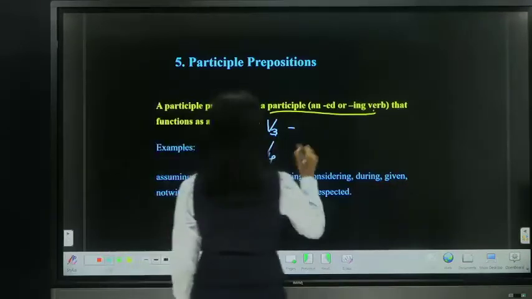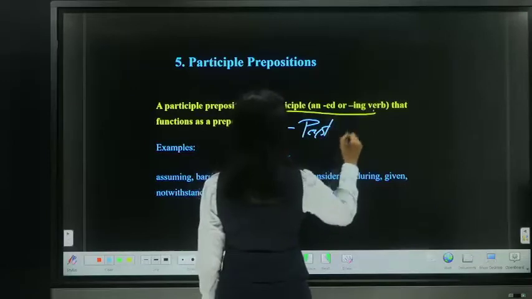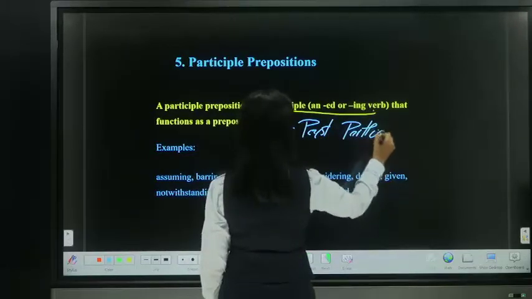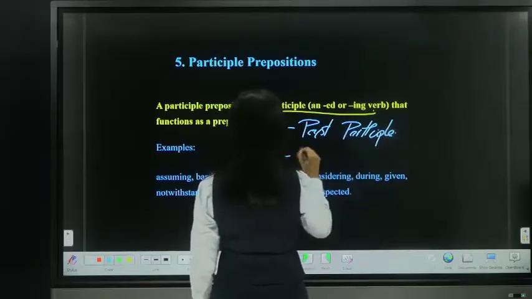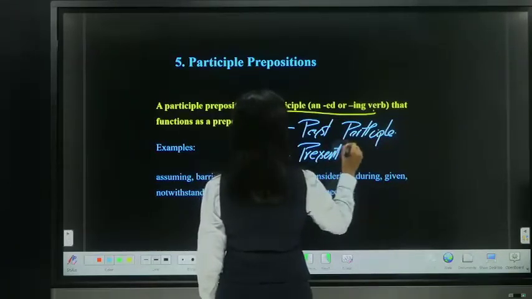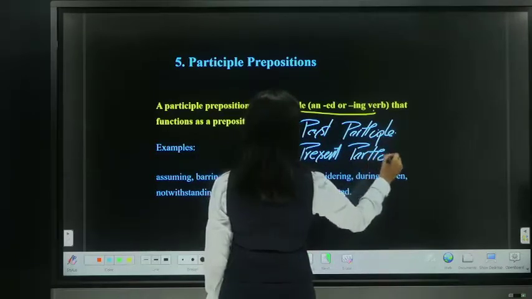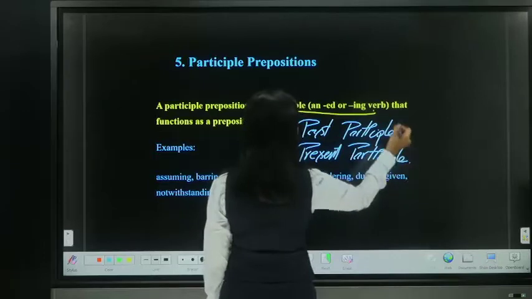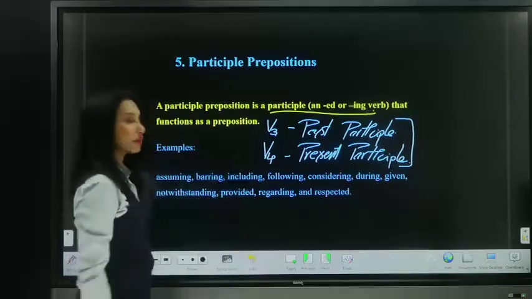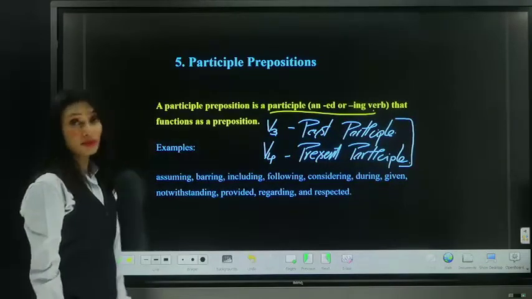V3 is called past participle and V4 is called present participle. When these participles V3 and V4 act as prepositions, they are called participle prepositions.